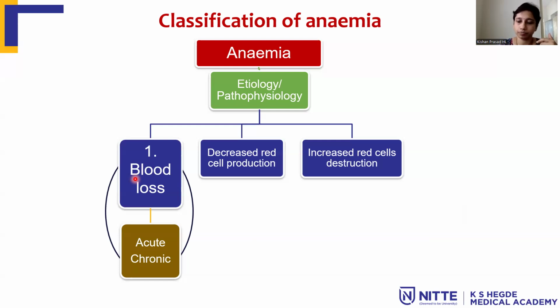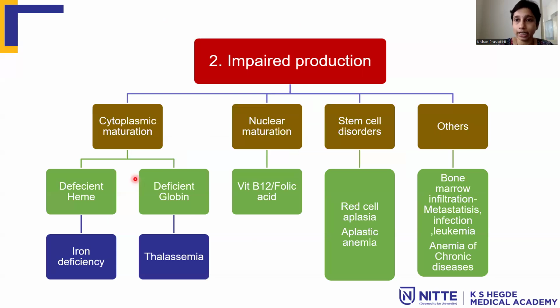chronic blood loss. So next, second group is anemia due to reduced red cell production or impaired production. So the production of the RBC. So the main part of the RBCs is mainly hemoglobin. But before hemoglobin production, as I taught in previous session, there are various steps in hematopoiesis.